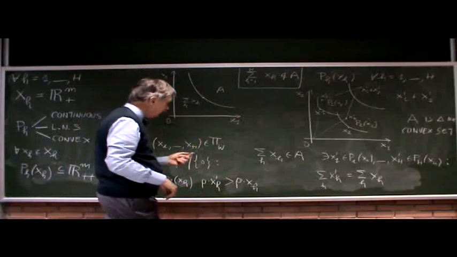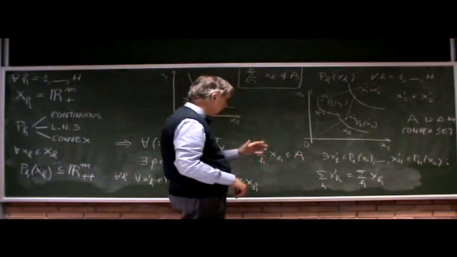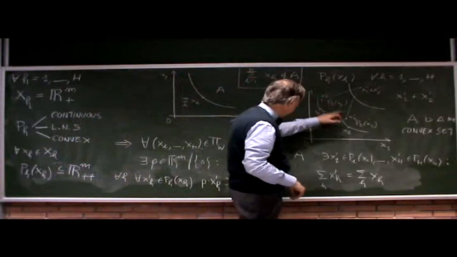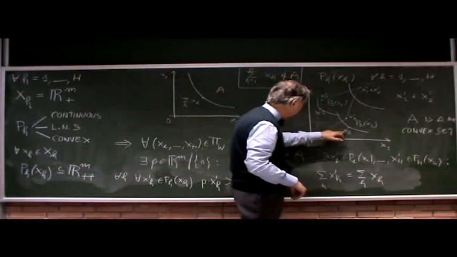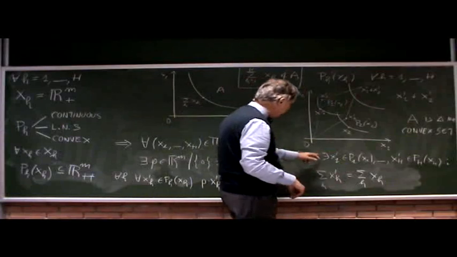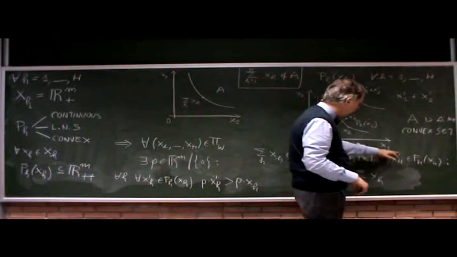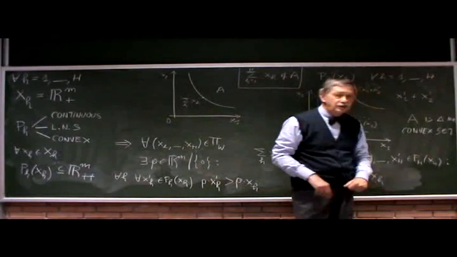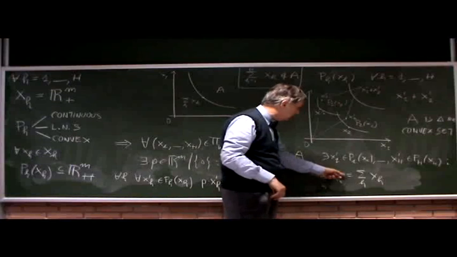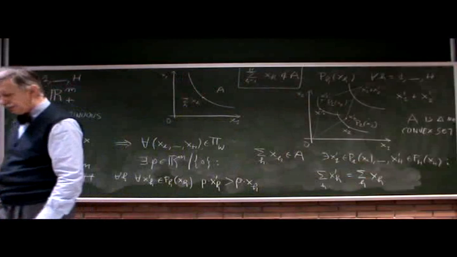In effect, if this vector were an element of A, since every element of A can be expressed by the sum of elements which are preferred to x1, x2, etc., there would exist x prime 1 in P1 of x1, etc., x prime h in Ph of xh, such that the sum of these alternative bundles is exactly equal to the sum of xh.